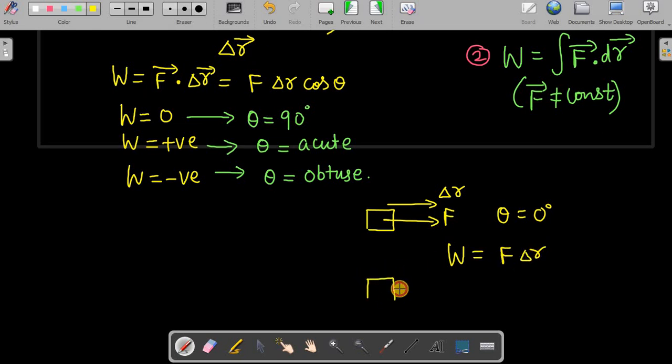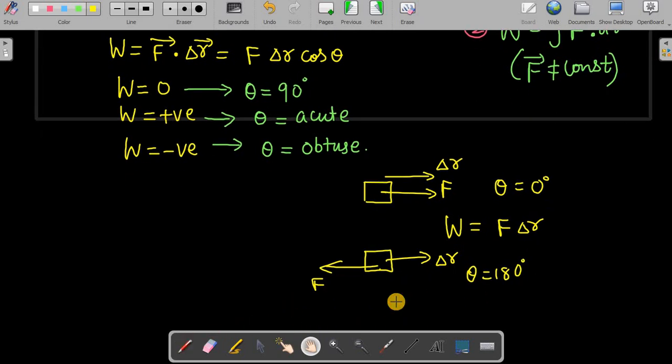What will happen if displacement is in this direction and force is in this direction? In that case, the angle is 180 degrees. So we can say work done will be written as minus F into displacement, because cos 180 degrees is minus 1.